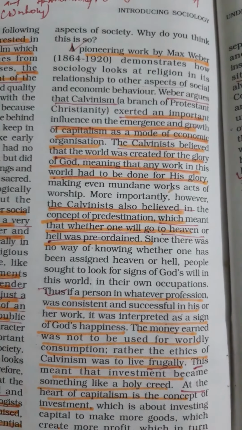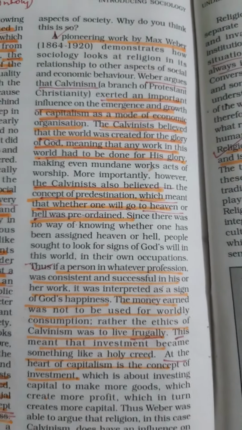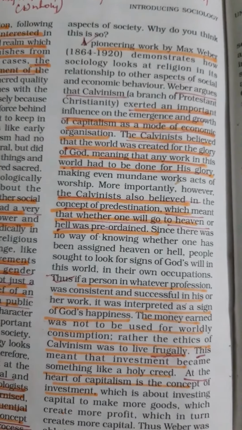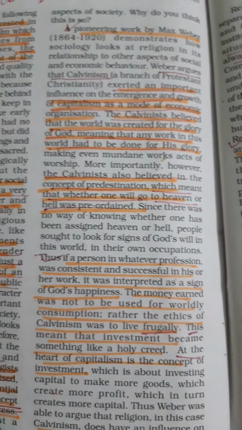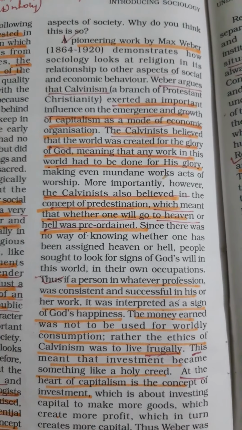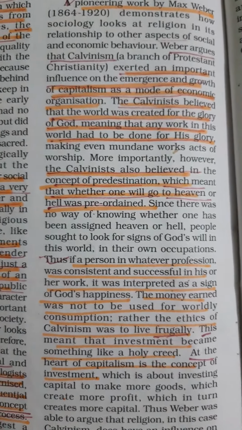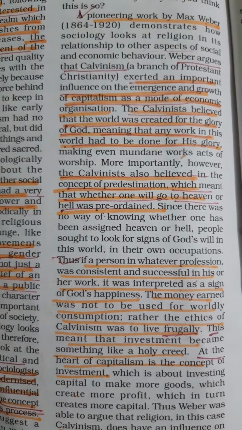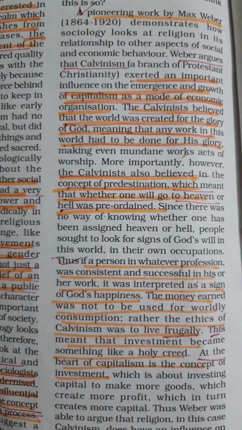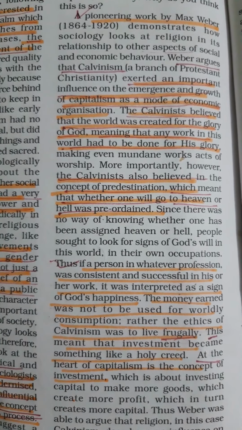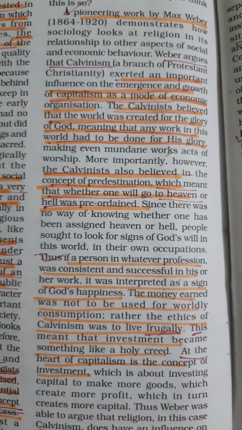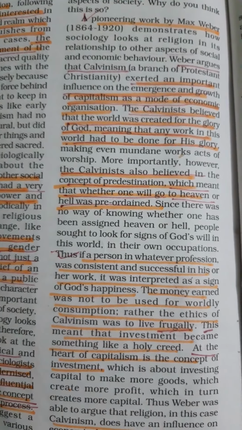A pioneering work is by Max Weber. This man is also a sociologist. He has a book called The Protestant Ethic and the Spirit of Capitalism.